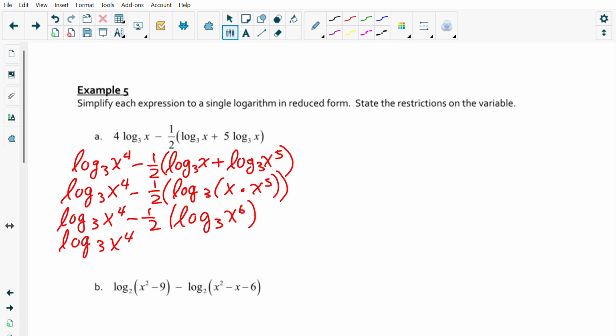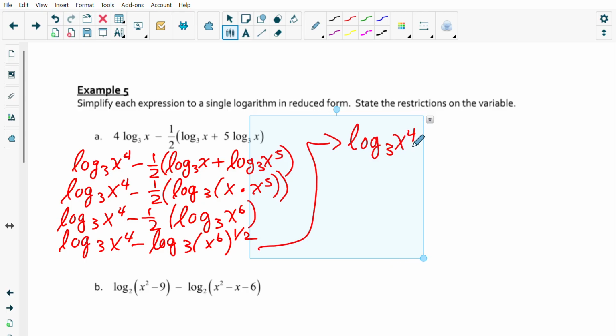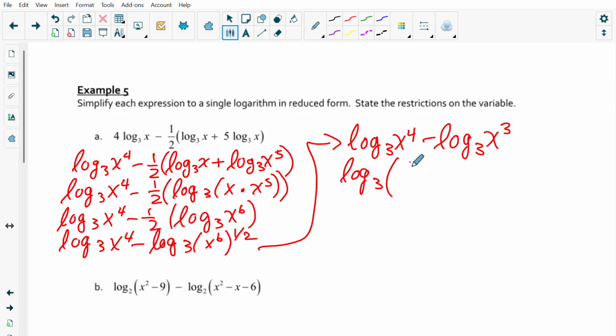Okay, log base 3 of x to the 4th minus log base 3 of x to the 6th to the 1/2. So I'm applying the power law. Okay, let me bring it up here. Log base 3 of x to the 4th minus log base 3 of x cubed. So just a little bit of simplification there.